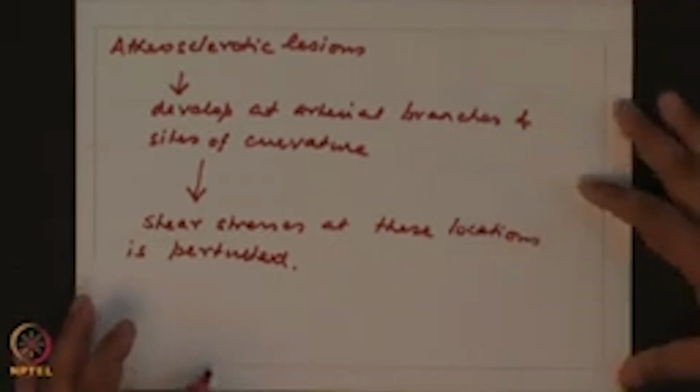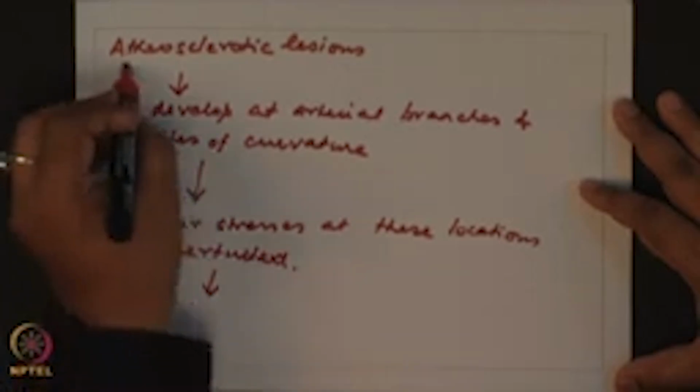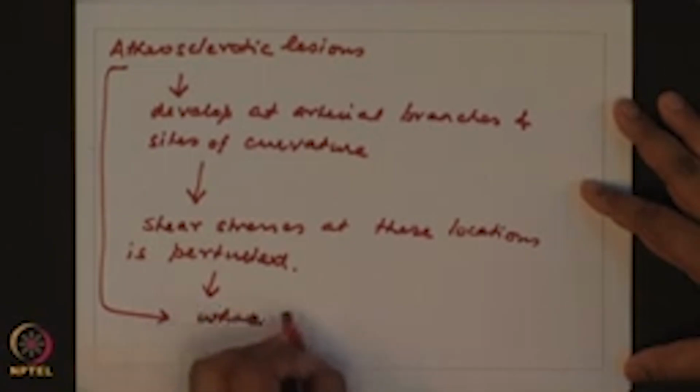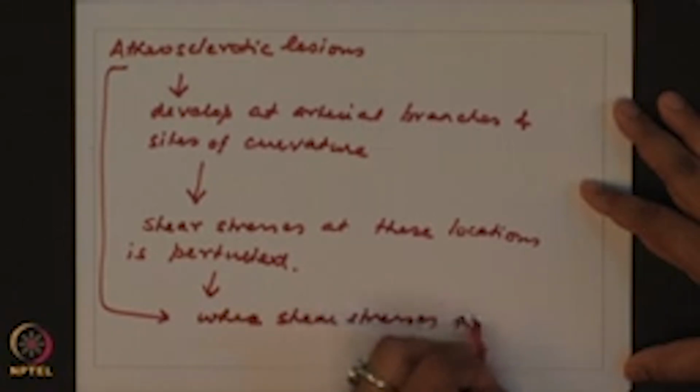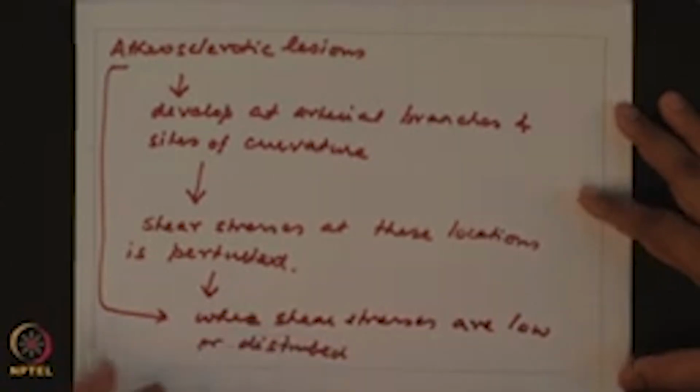And when I say perturbed, what we have found is that these lesions are formed at locations where shear stresses are low or disturbed. Okay. So, suggesting that the flow profile itself has a role to play in this.